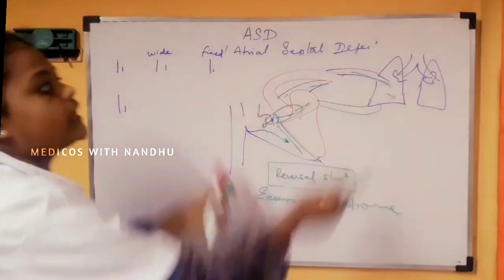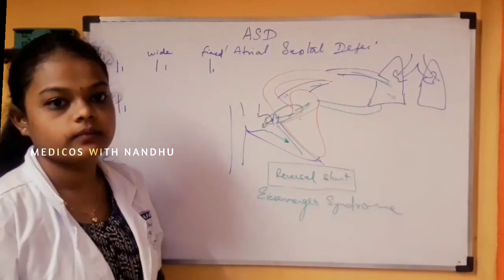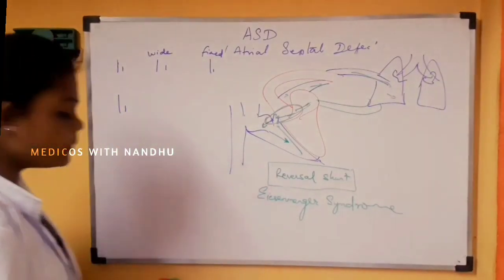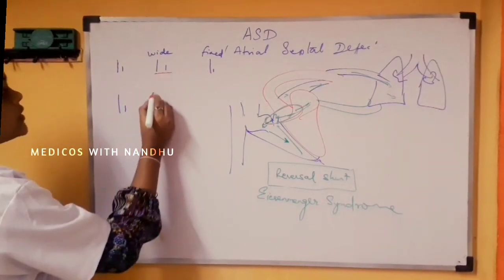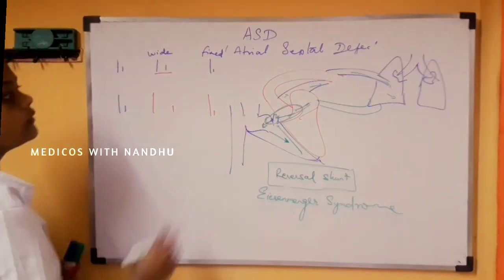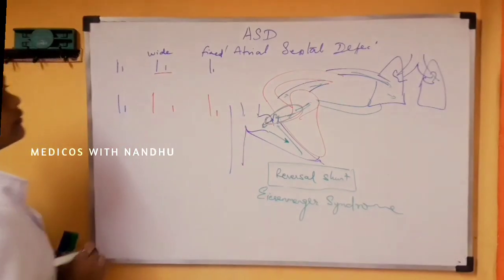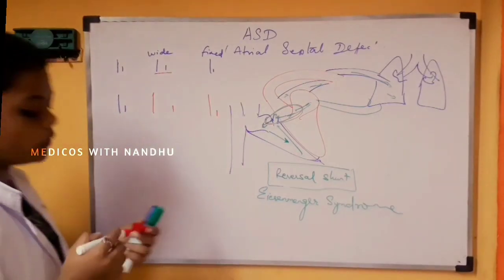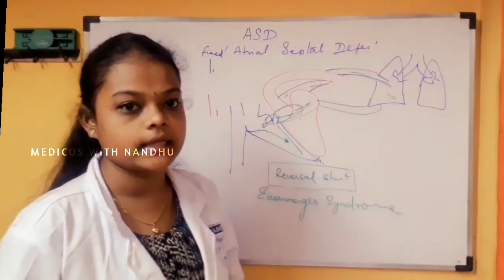What happens in the atrial septal defect is wide and fixed splitting of the second heart sound. So splitting will occur. Splitting means this leads to here and this leads to somewhat later, okay, this is what splitting is. So wide and fixed splitting during the second heart sound.